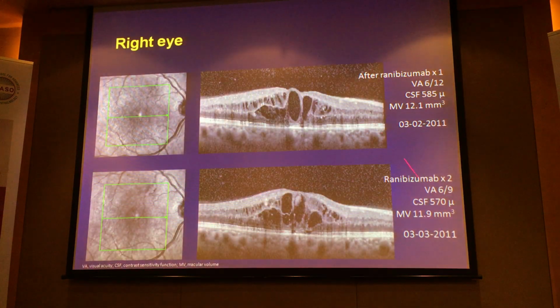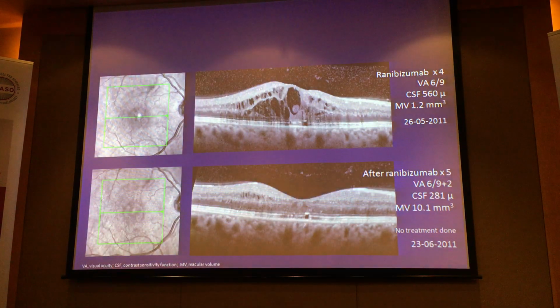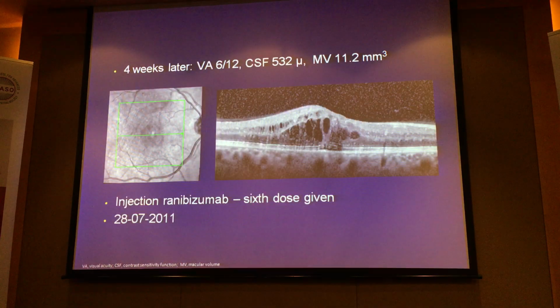After 1, hardly any reduction. After 4 injections, the right eye still has persistent edema. Left eye, not bad, after injections. 4 weeks later, the right eye comes back again, 6 doses given. So it's a late responder in the right eye.